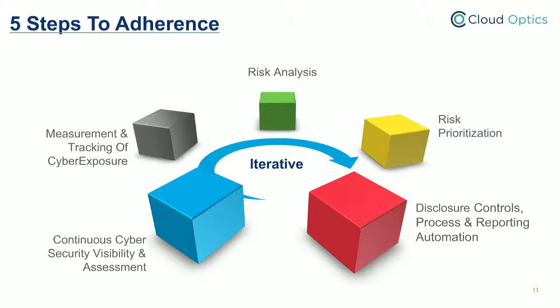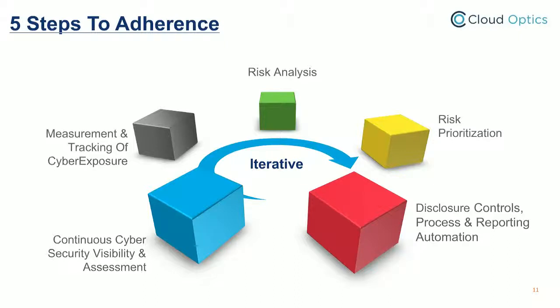And then, of course, there are technical and operational considerations like continuous cybersecurity visibility and assessments, which need to be adhered to maintain the posture and security. And of course, the measurement and tracking of cyber exposure. So we need to have an objective measurement of what our cybersecurity posture is and how we are moving on that front over a period of time.